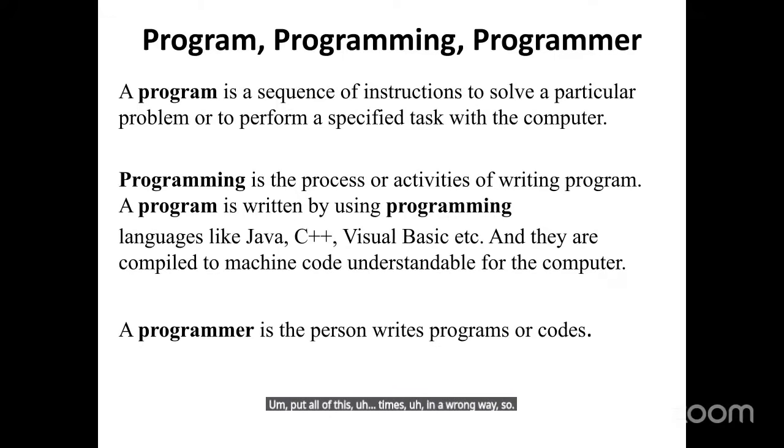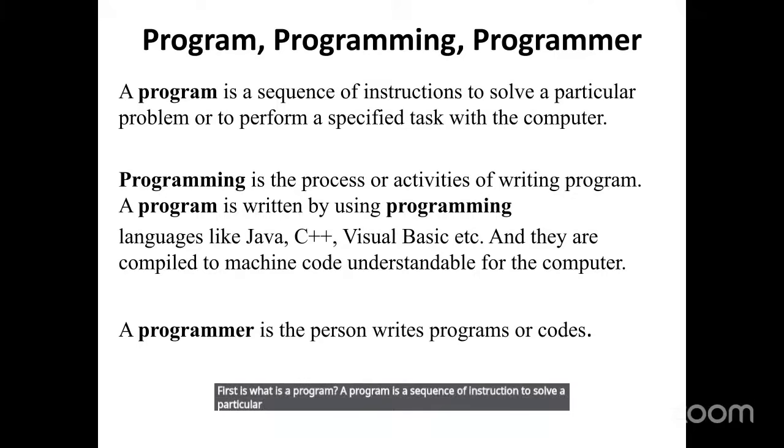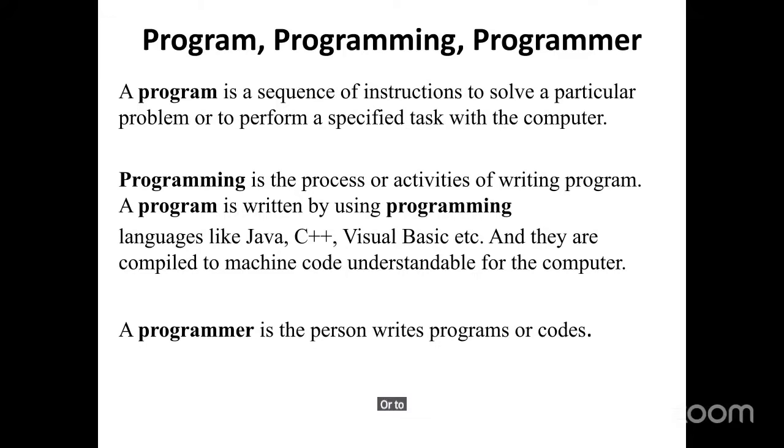So first, what is a program? A program is a sequence of instructions to solve a particular problem or to perform a specific task with the computer. The essence of program writing is to solve a problem. You are not writing code just because you want to have fun.